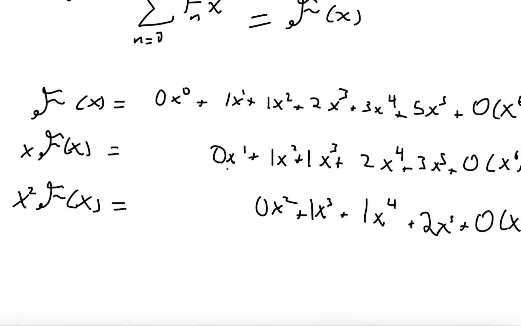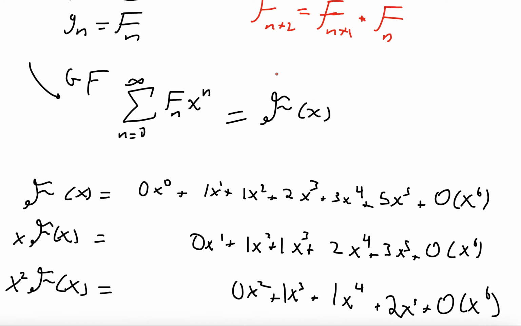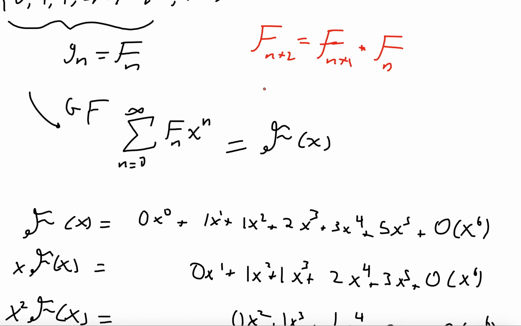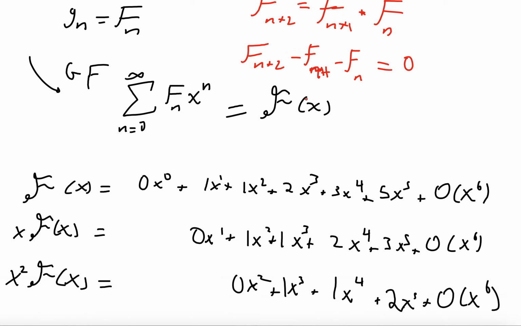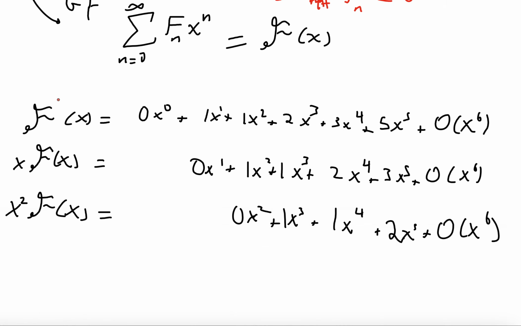And now this is very interesting. Why? Because if f_{n+2} is equal to f_{n+1} plus f_n, then f_{n+2} minus f_{n+1} minus f_n is equal to 0. All right? And that means that if we subtract from the curly f of x, x f of x and x^2 f of x, look at what happens when we arrange the terms in the order of the powers of x.